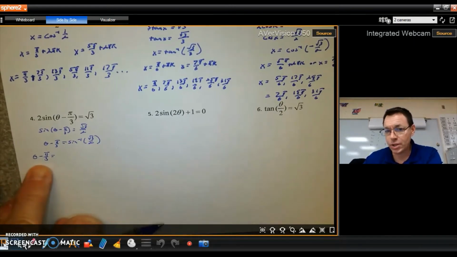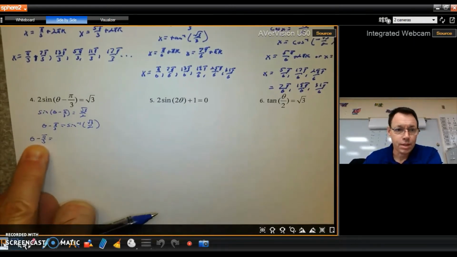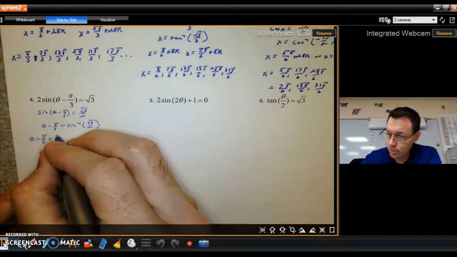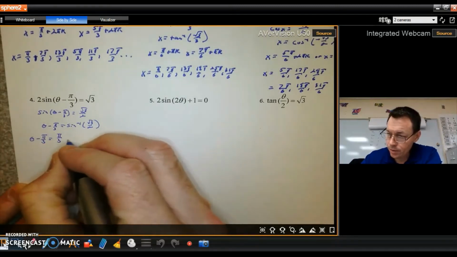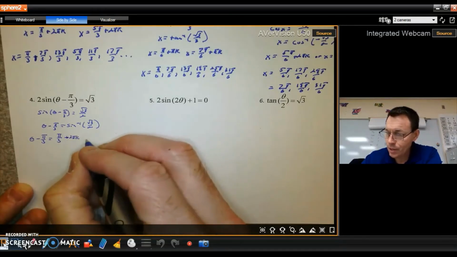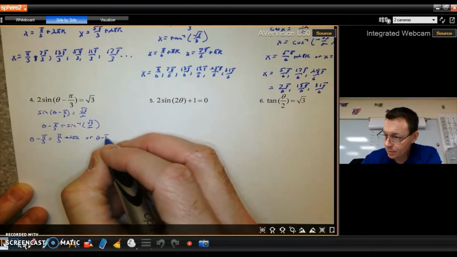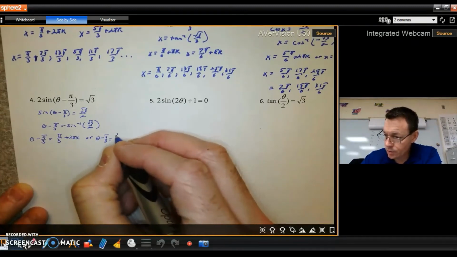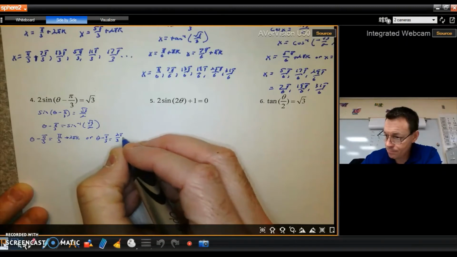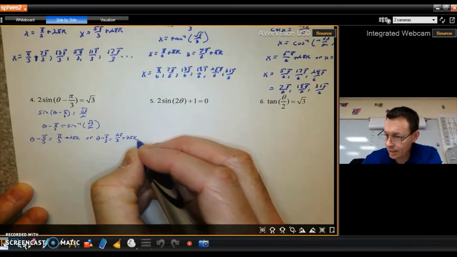This whole expression could equal both of those. So theta minus pi over 3 equals pi over 3 plus 2 pi k, or theta minus pi over 3 could equal 2 pi over 3 plus 2 pi k.